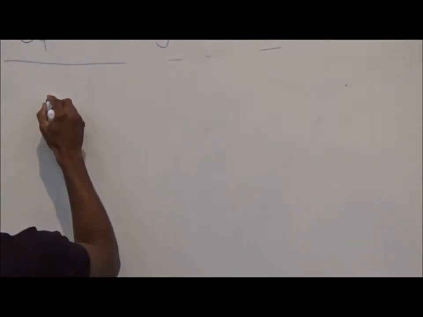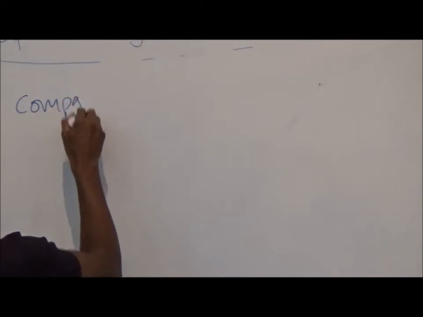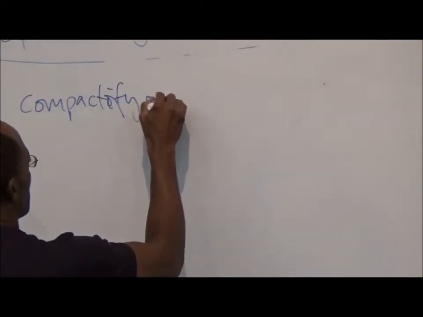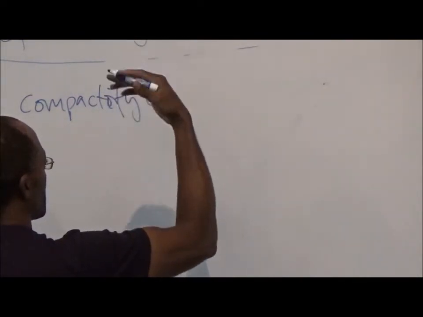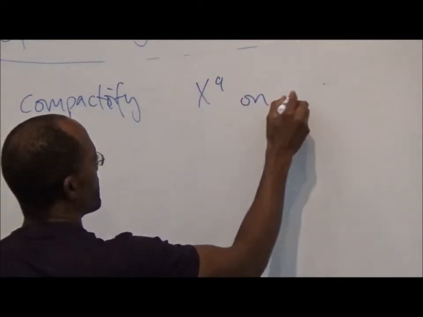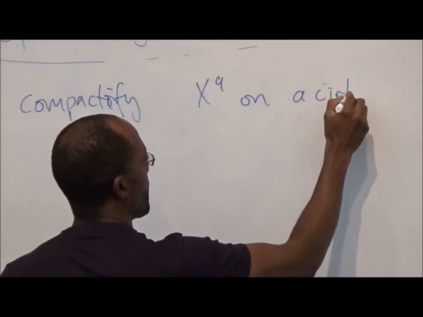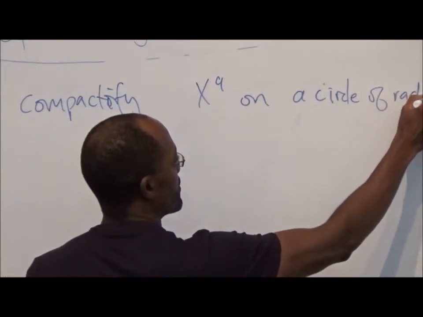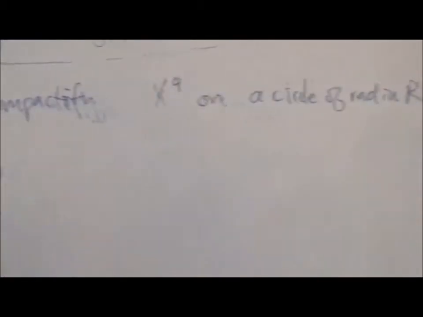Okay, so let me explicitly write down. So compactify. So we're starting again. This is the same calculation, but I'm just going to show you whether things change. So compactify x9 on a circle of radius R. That's what we did before.